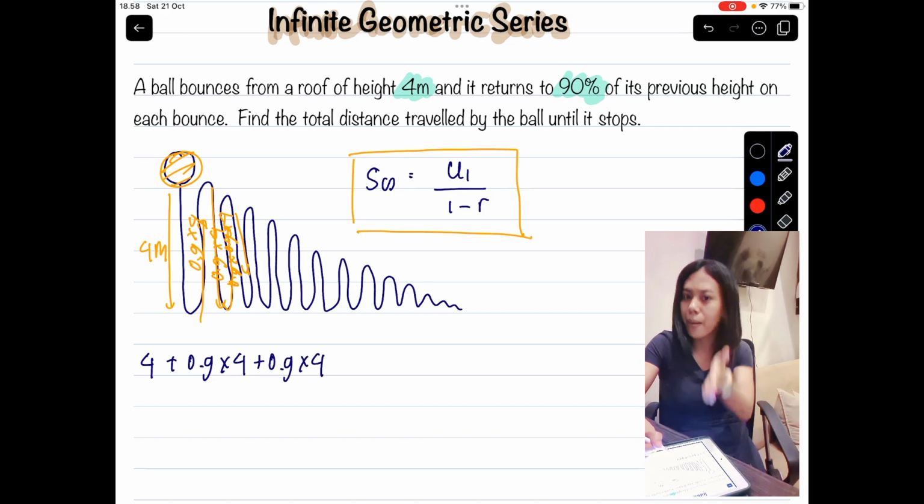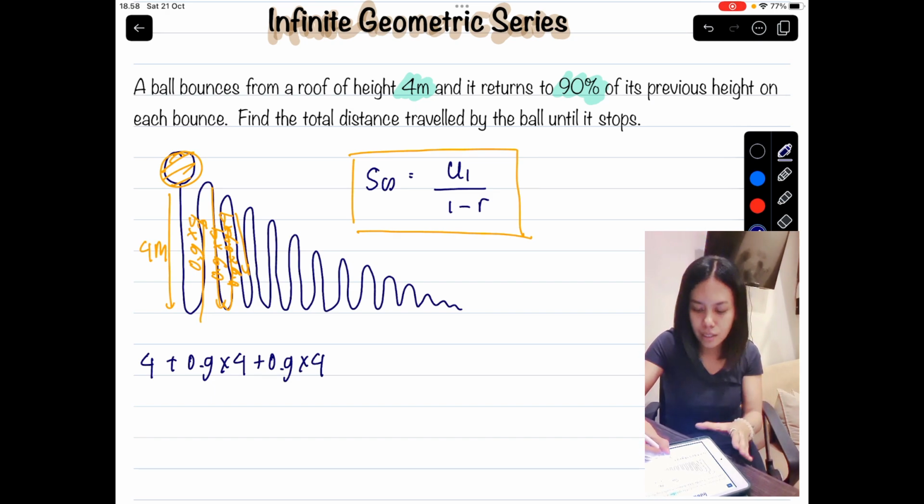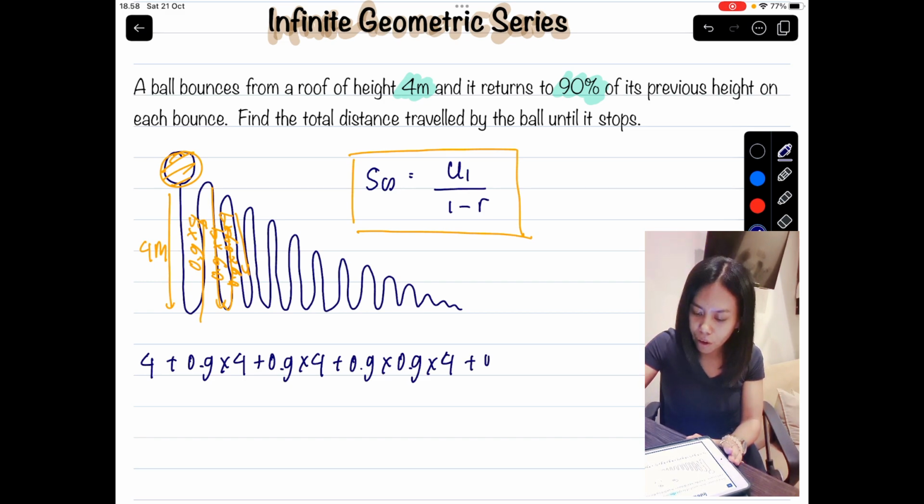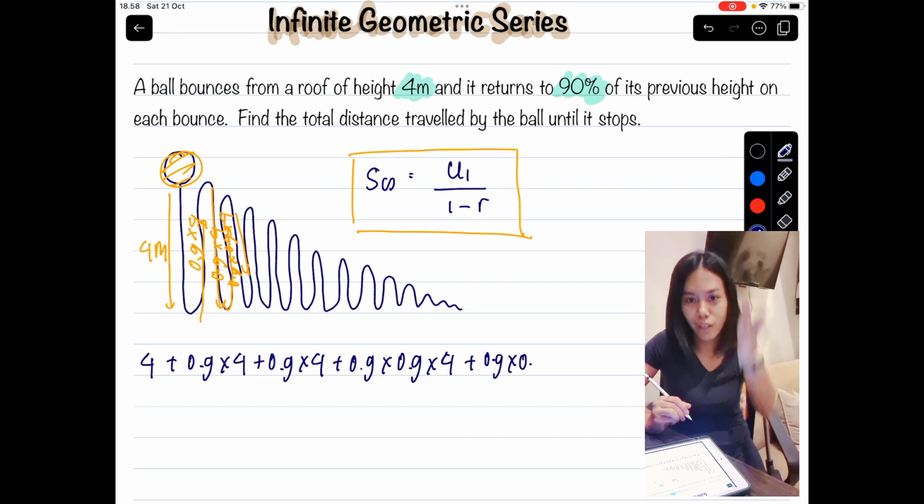Then the second bounce is going to go up a distance of 0.9 times 0.9 again times 4. And it's going to go down the same distance as it goes up, which is 0.9 of 0.9 of 4. We're going to do one more time.